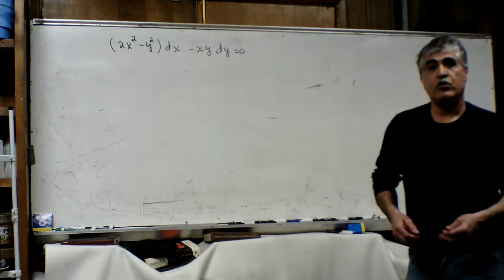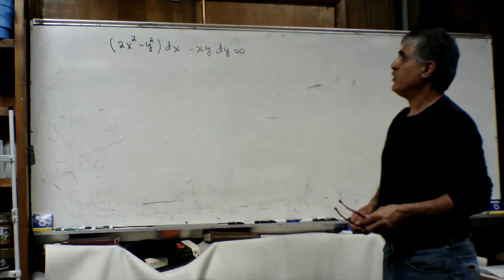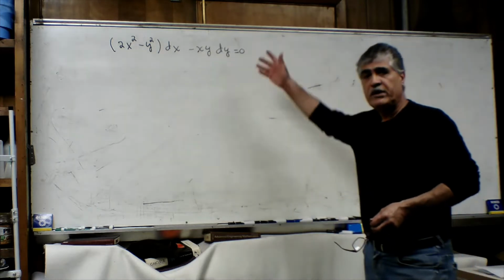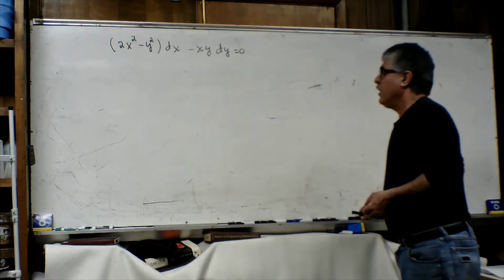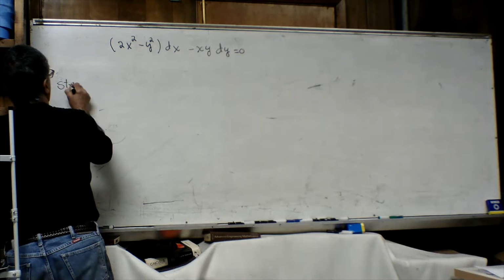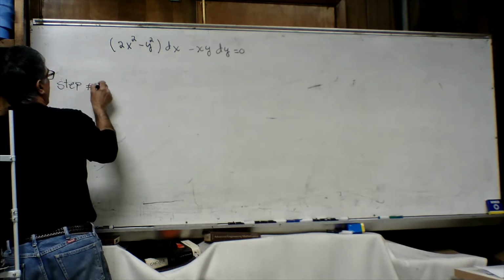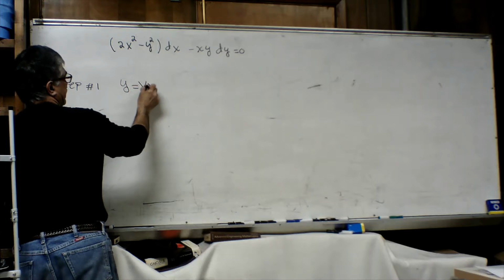In this video, I am going to show you how to solve the homogeneous differential equation. To solve this type of equation, the first step that we need to do is, step number one, assume that y is equal to vx.